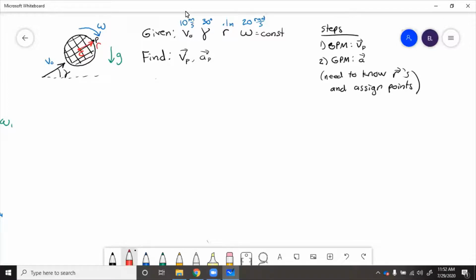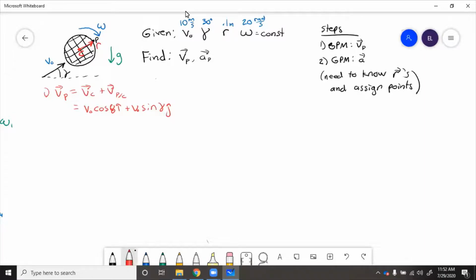So the velocity of the point is going to be velocity of C plus velocity of P with respect to C. So for 1, velocity of P equals velocity of C plus velocity of P with respect to C. So velocity of C, well, we know that from these components, this will be V initial cosine of gamma I plus V initial sine gamma in the J.